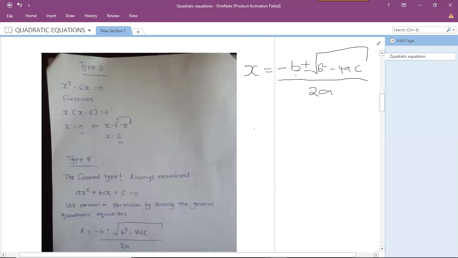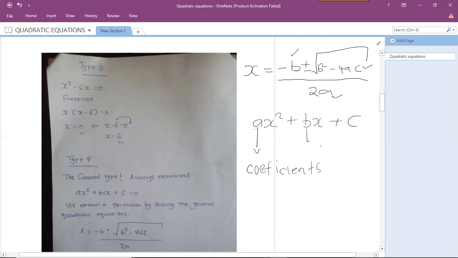And now you know what a, b and c are. They come from their coefficients, and these coefficients can be integers. In ax squared plus bx plus c, these are the coefficients.